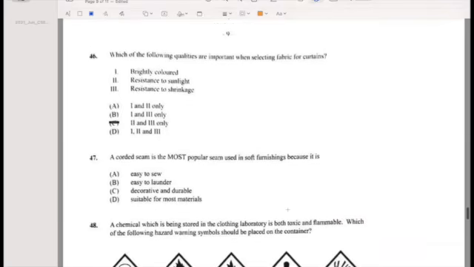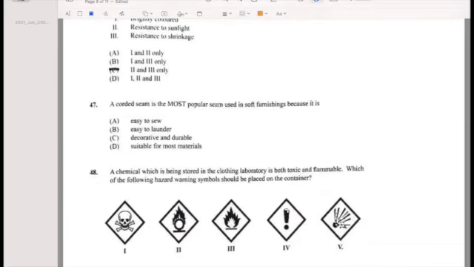All right, number 47, a card dead seam is the most popular seam which is used for soft furnishing because it is what? 47 is C, decorative and durable. 48, a chemical which is being stored in the clothing laboratory is both toxic and flammable.